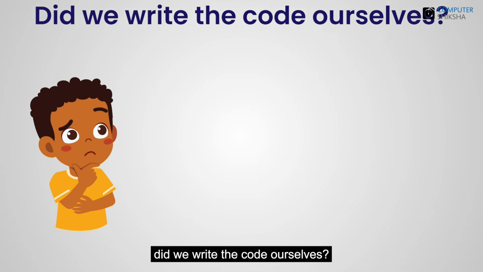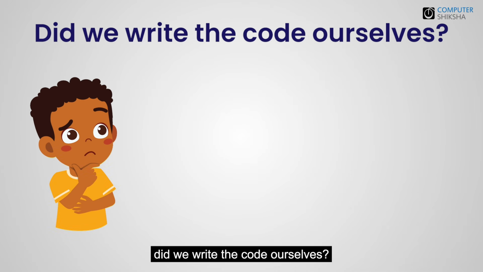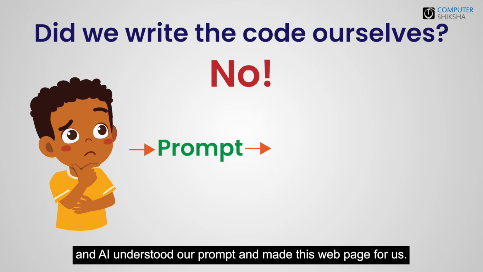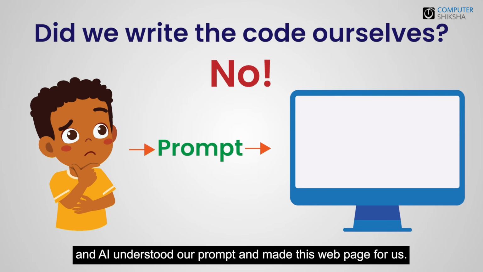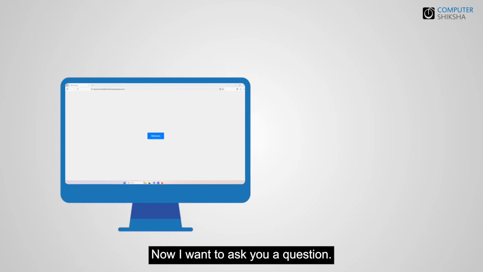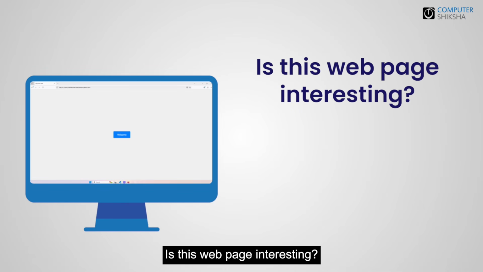Now students, just think about this. Did we write the code ourselves? No. We only gave a prompt and AI understood our prompt and made this web page for us. Now I want to ask you a question. Is this web page interesting?